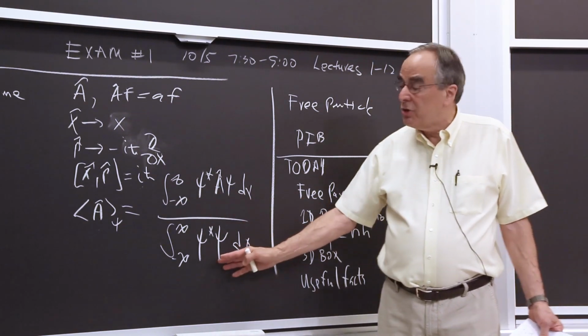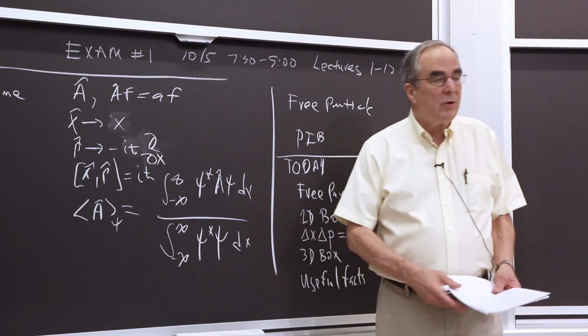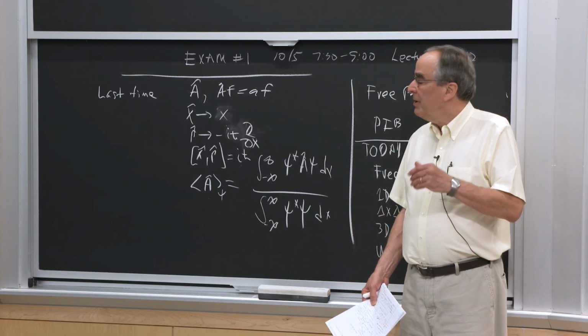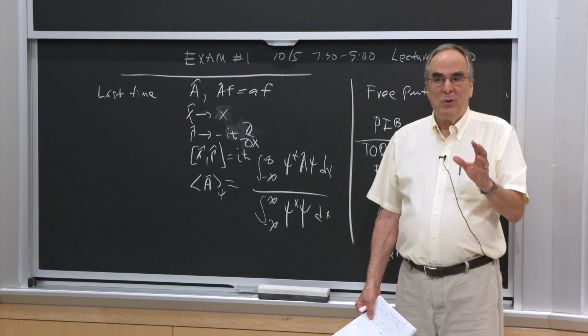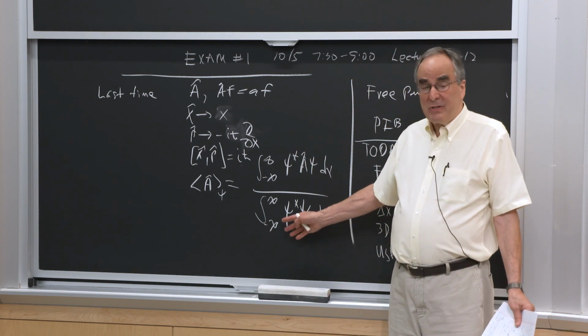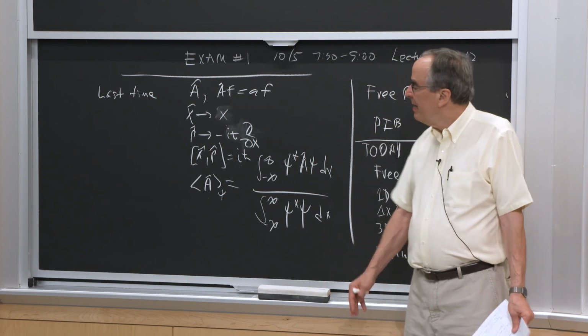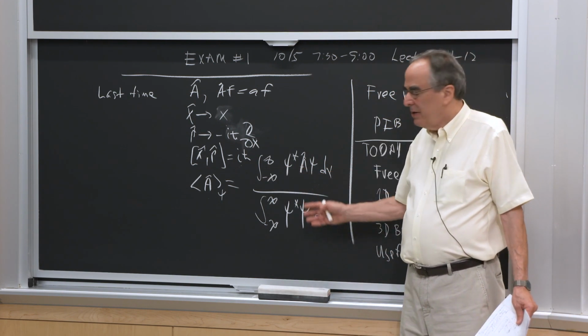This is a normalization integral, and it is usually taken for granted because we almost always work with sets of functions which are normalized. If you convince yourself that they are normalized, fine. And then this is the thing that you normally would calculate.